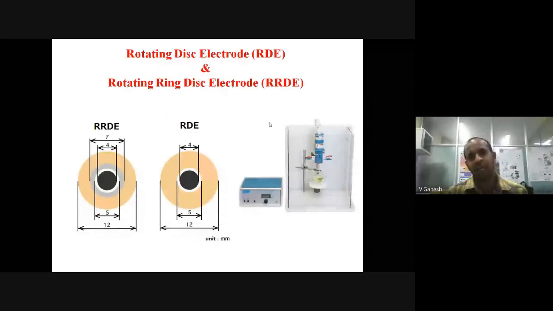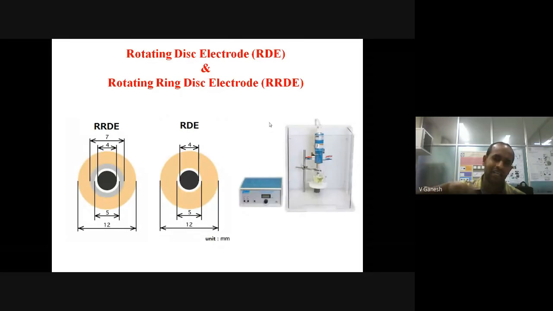Recall that in the very first lecture I mentioned that diffusion is the predominant mass transfer, and that is the rate limiting step in most cases. How do you overcome diffusion? You can overcome the limitation of mass transfer by rotating the solution, by stirring the solution, so that you can have enhanced mass transfer. And that's where these techniques become most popular.